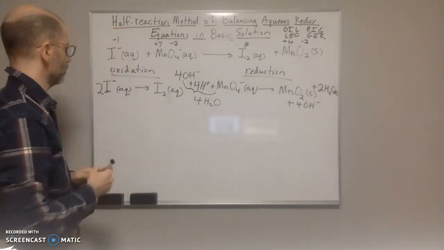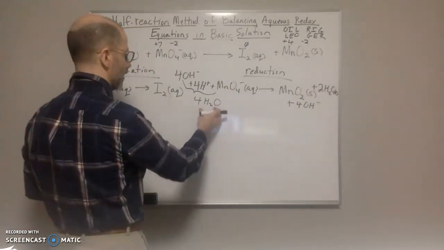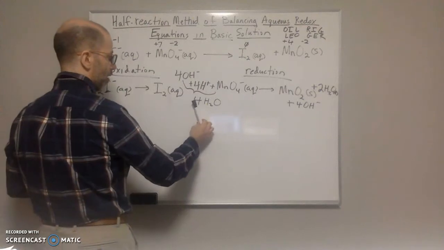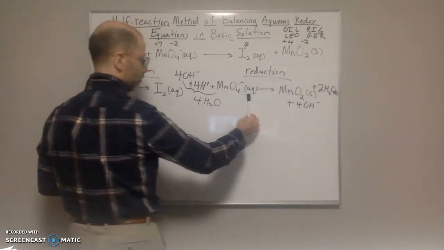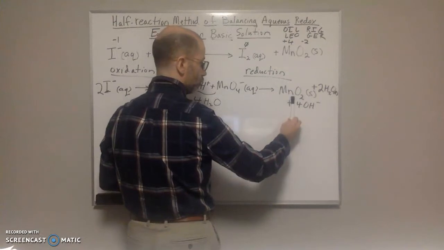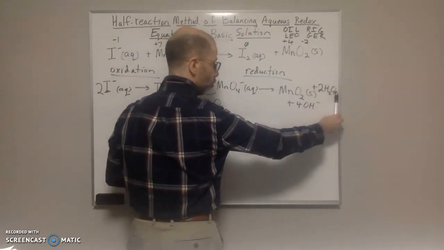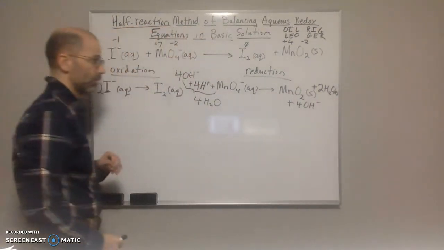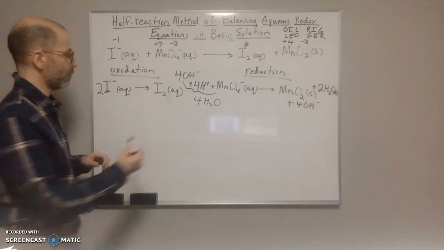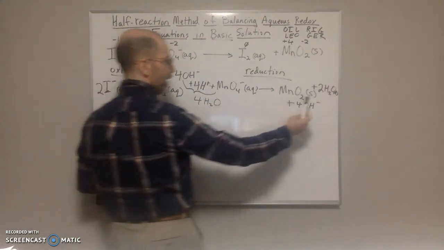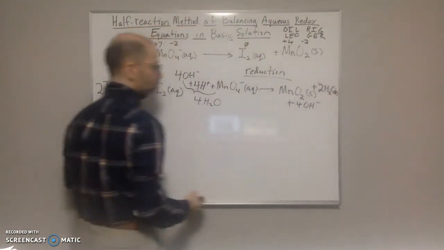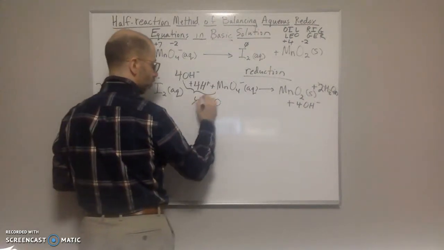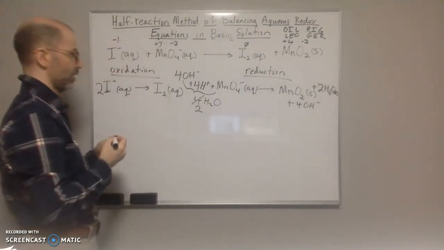Okay, so now if I rewrite this, I would have 4H2O plus MnO4 minus aqueous goes to MnO2, 2 water, and 4 hydroxide. I have 4 water on this side and 2 here. So these 2 waters would cancel out with 2 of these, leaving 2 there.